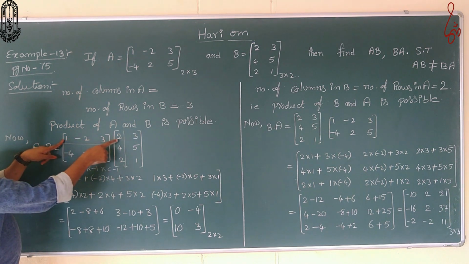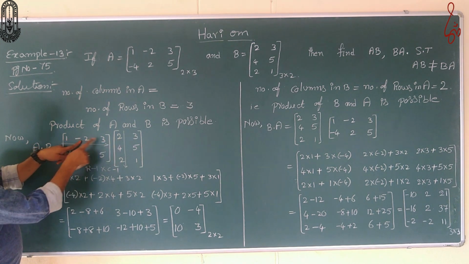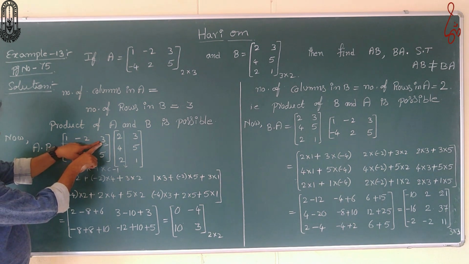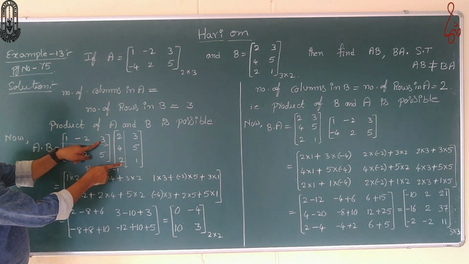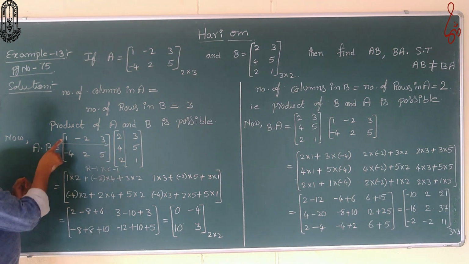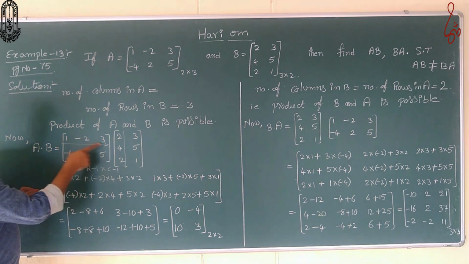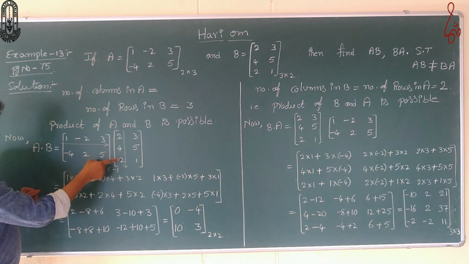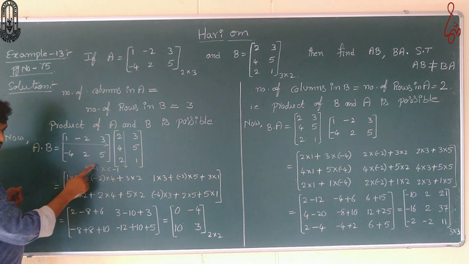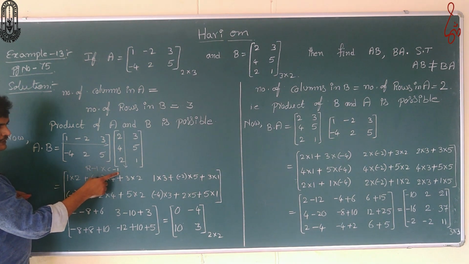First element with first element, second element with second element, third element with third element. Like that we need to multiply. So 1 into 2 plus minus 2 into 4 plus 3 into 2. So row 1 with column 1, the product is completed.